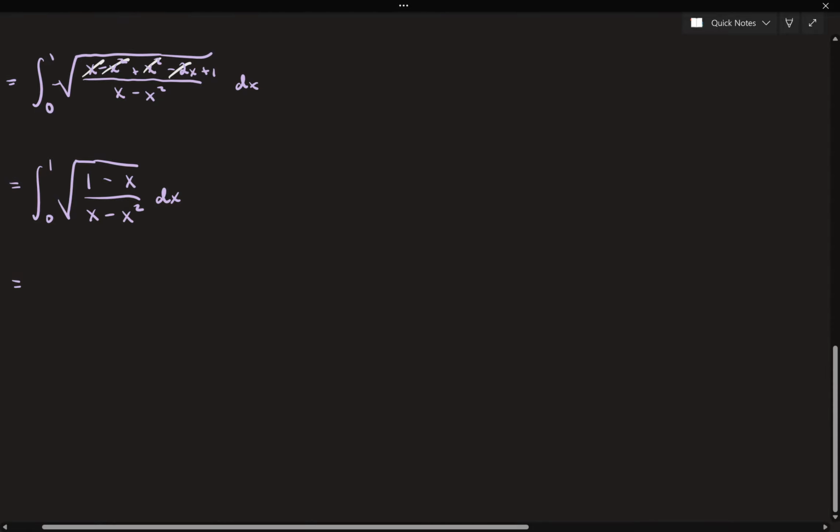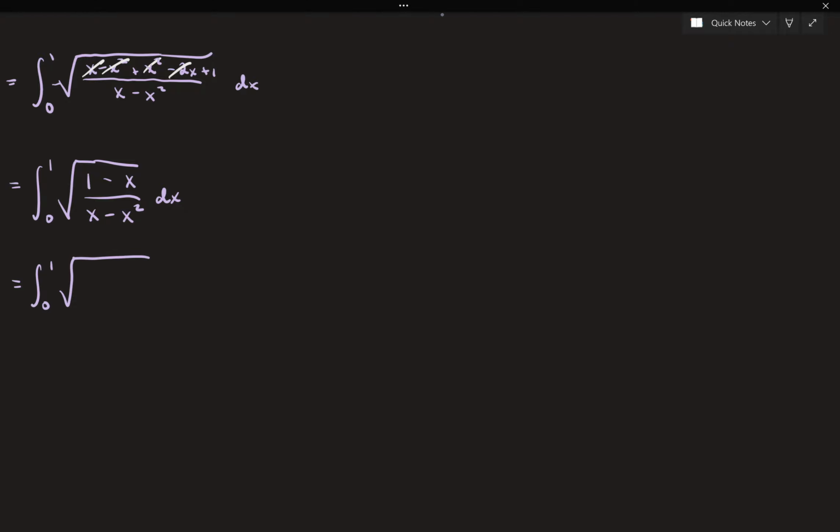So I probably need to do one more thing. I'm going to factor the bottom, because they actually both have a factor of 1 minus x. x times 1 minus x. And then cancel, cancel. Integral 0 to 1 of 1 over square root of x dx.